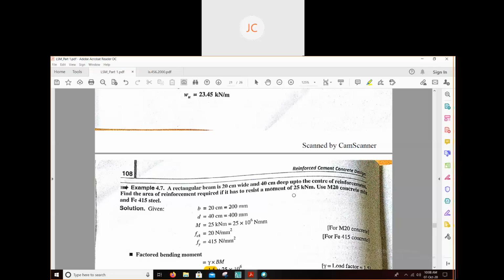Here in the question, you can write down the same question. First line is same. Find the area of reinforcement required if it has to resist a factored moment of 30 kilonewton meter, and here you use M25 concrete and Fe500, and you solve the question.